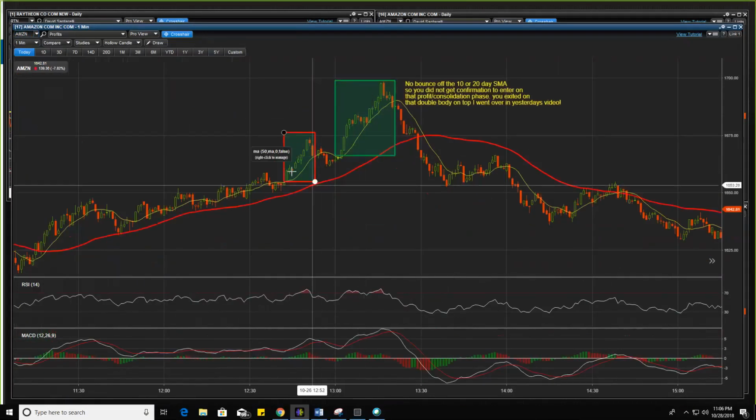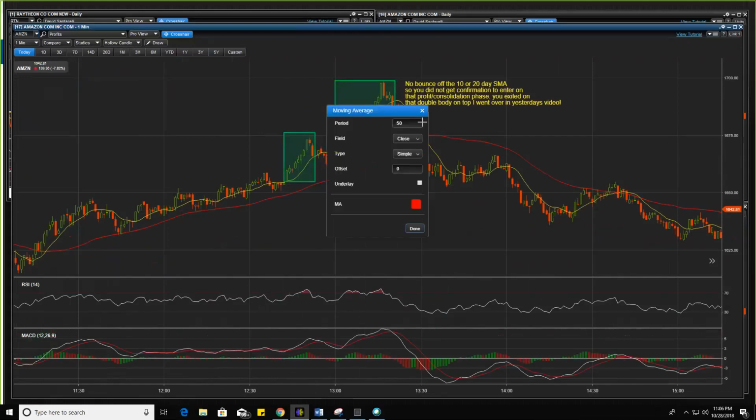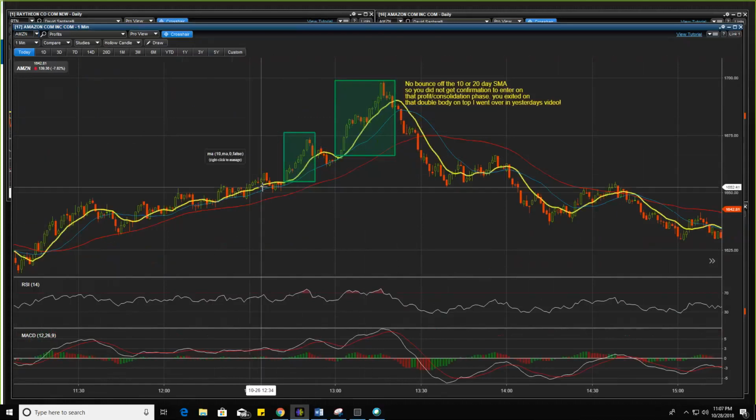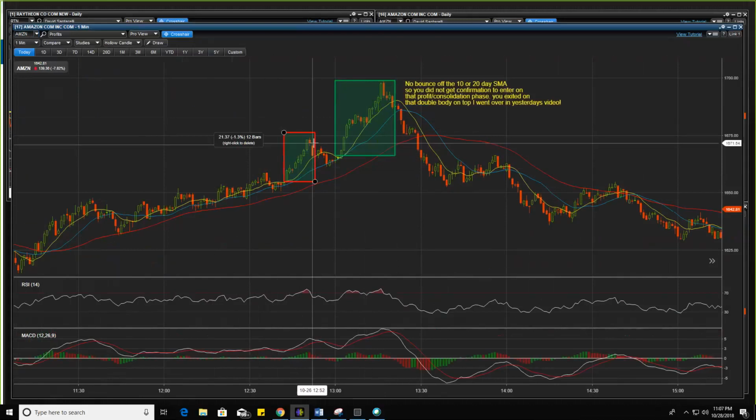All right, so this was the areas that we traded. Let me add, I always add the 20-day as an aqua blue. So what we were doing here when we were day trading on Friday was we were looking for a break above and then the first below.